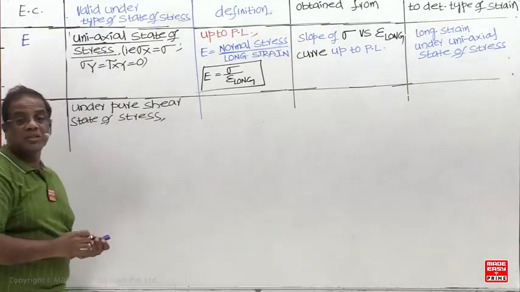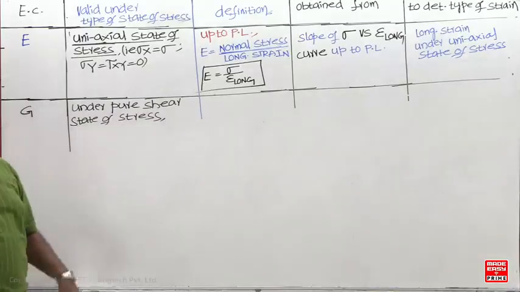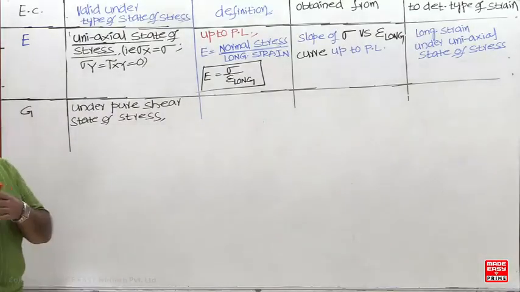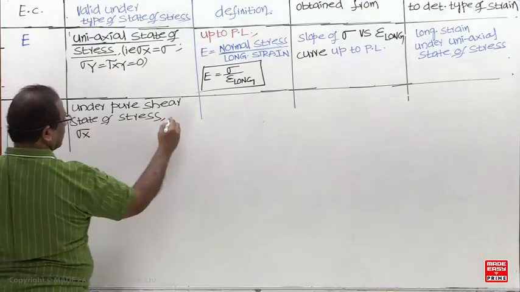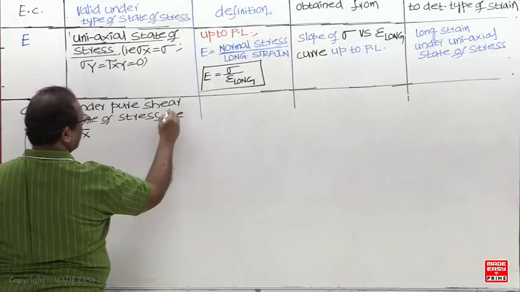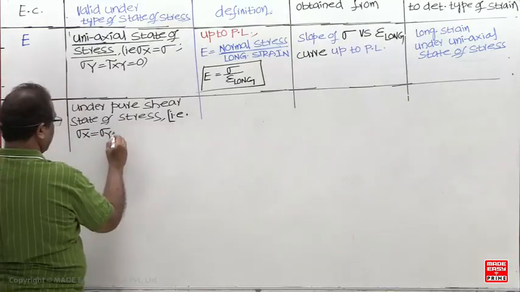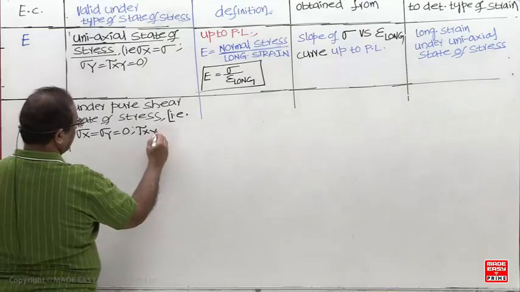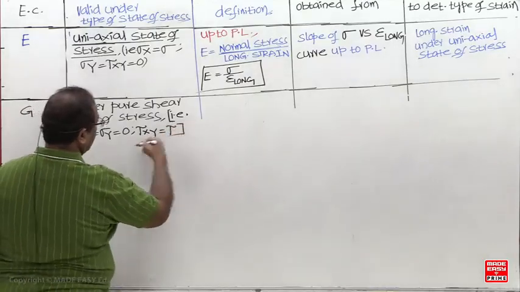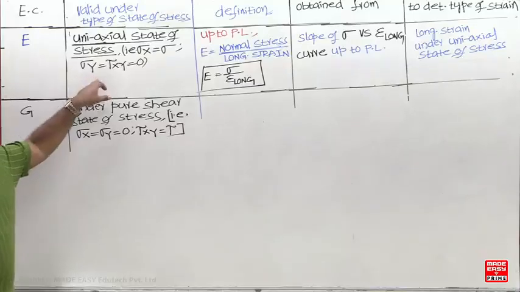But how many pure shear states of stress have you studied? Three. But this is obtained from the torsion test. Torsion test is conducted under pure torsion. If somebody asks why uniaxial, it is because this is obtained from the tension test.